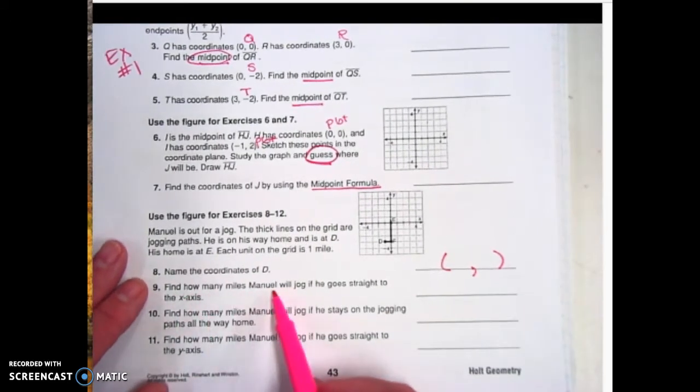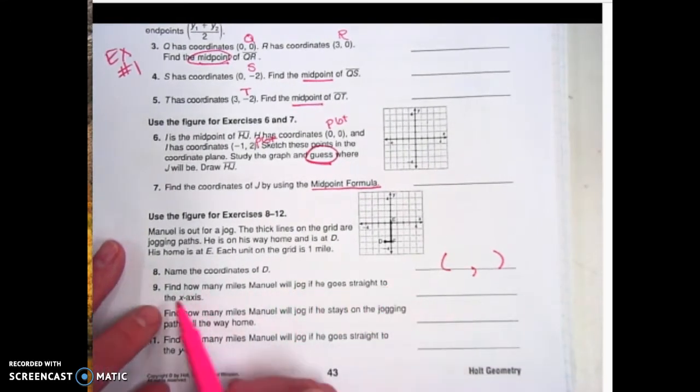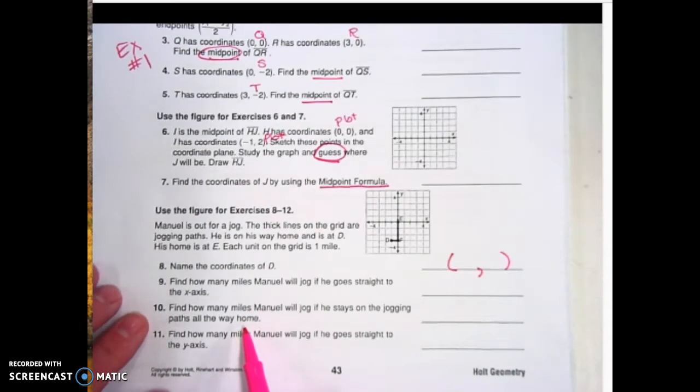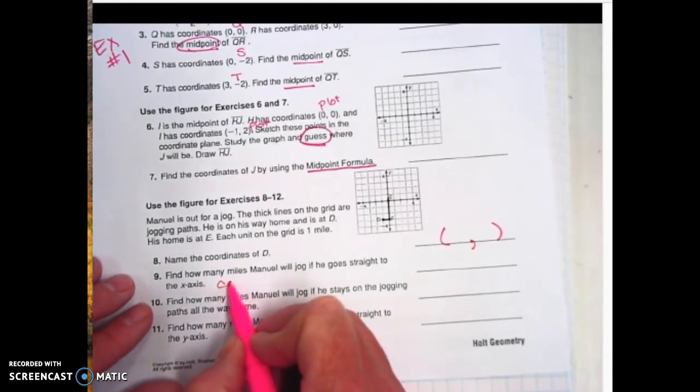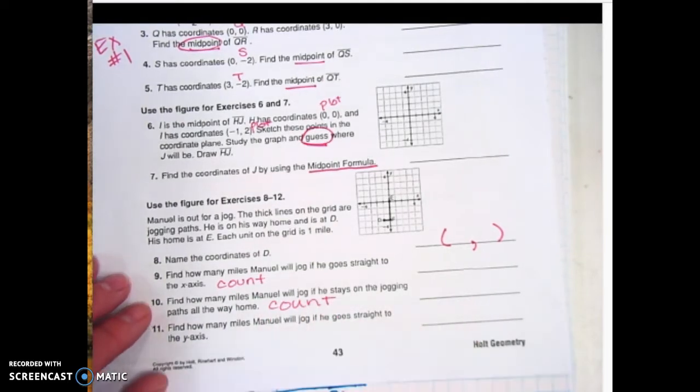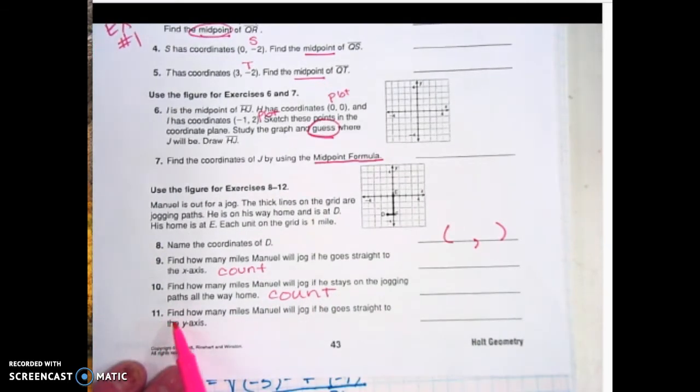Find how many miles Manuel will jog if he goes straight to the x-axis. Okay. Find how many miles Manuel will jog if he stays on the jogging path all the way home. So you're going to count with your finger or your pencil. And then number 11, find how many miles Manuel will jog if he goes straight to the y-axis. So you're going to count.